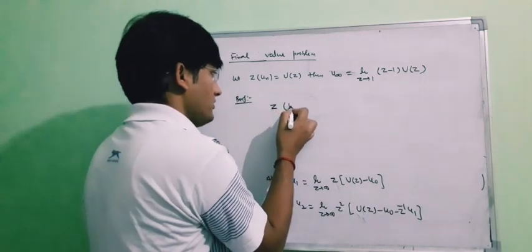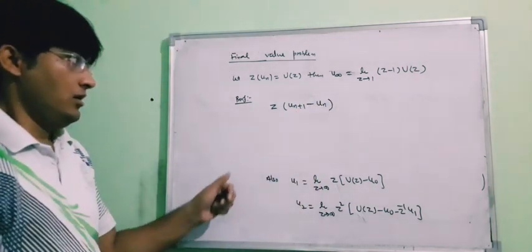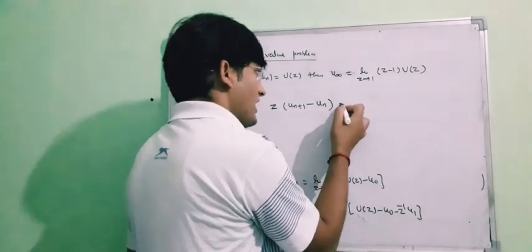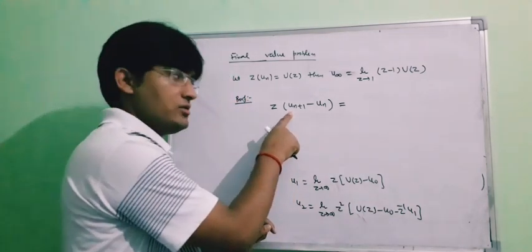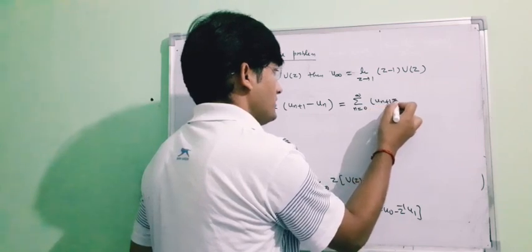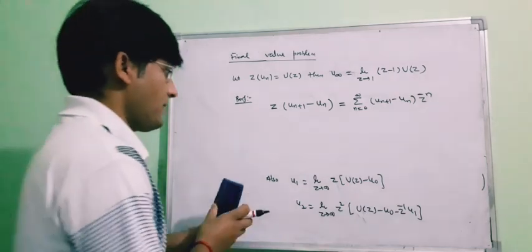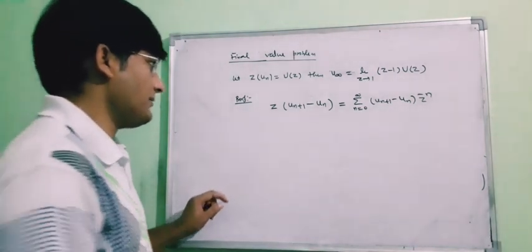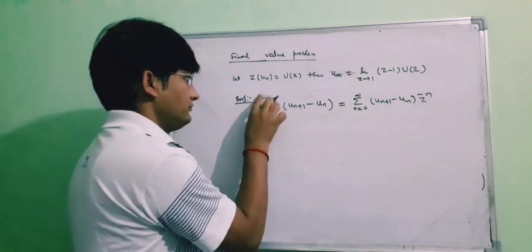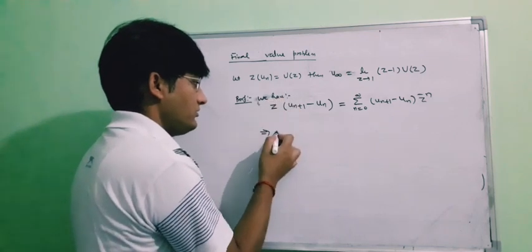Let us compute the Z transformation of u(n+1) minus un. On the right hand side I am opening the definition of Z transformation, and Z transformation is the sum from n equal to 0 to infinity of (u(n+1) minus un) into z power minus n. On the left hand side, let us break this Z transformation.